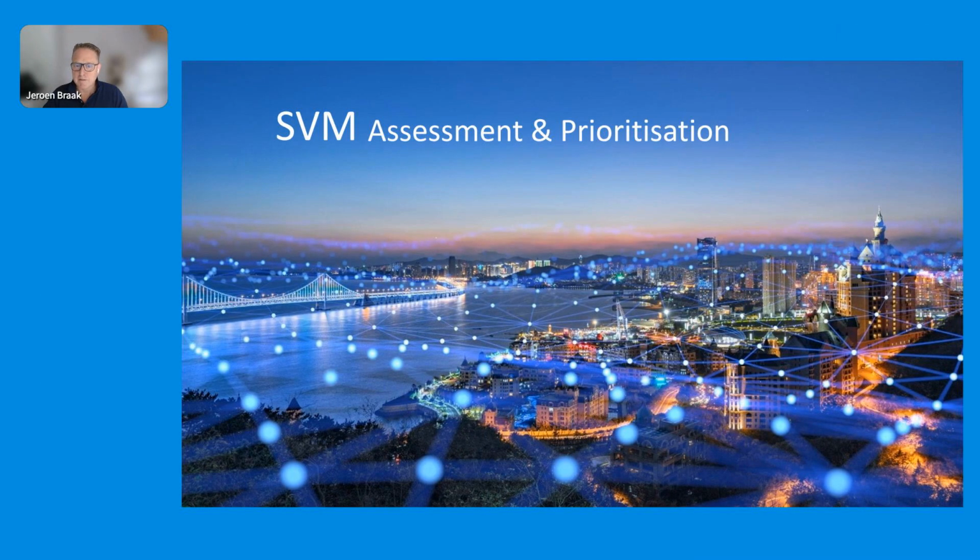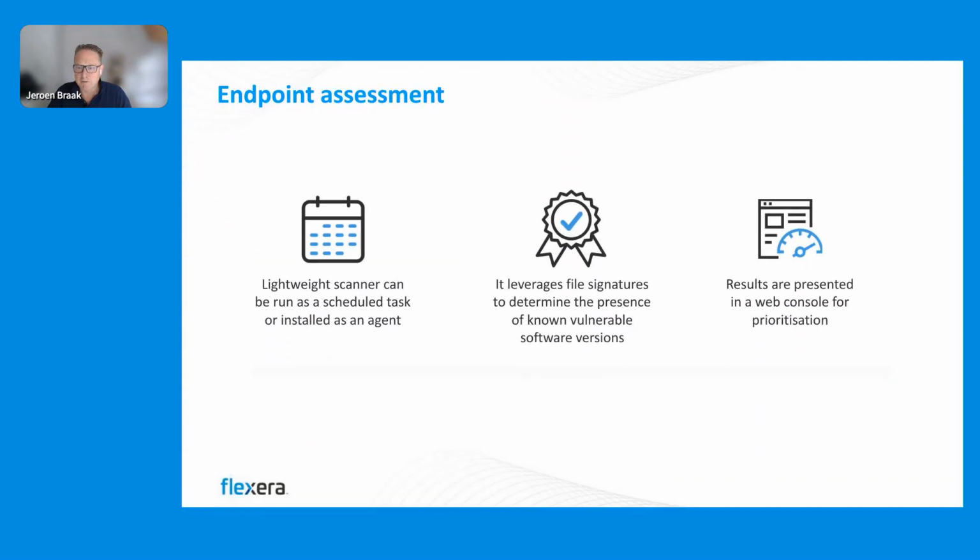So I'm going quickly back to our slides. Hopefully everyone can see that. Let's start with the SVM. I'm not going to demo SVM right now because I don't think we have the time and there's so much to see. So I just wanted to show you some of the unique features that we have, for example our assessment. It's a lightweight scanner, about 700 KB, to scan and run as a scheduled task. We can also scan remotely as a service, zero touch, or using your own deployment mechanism, or running it over the network.